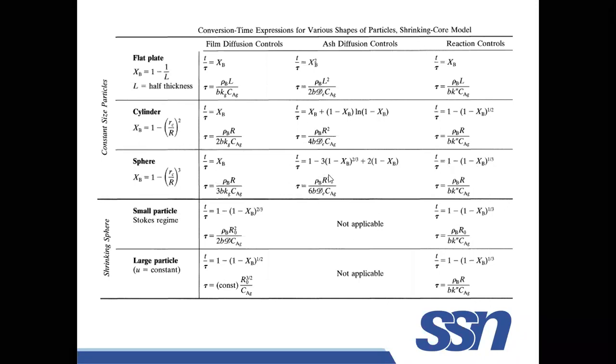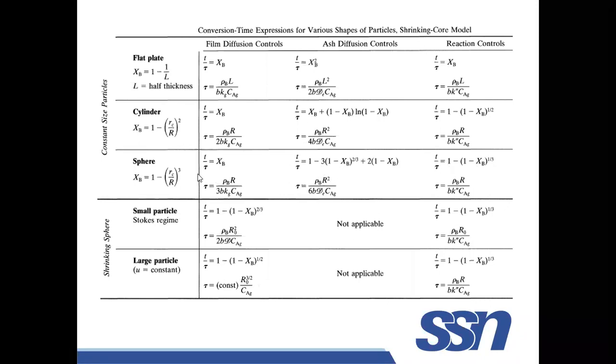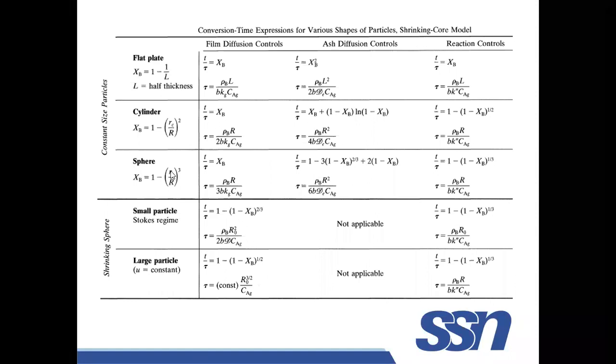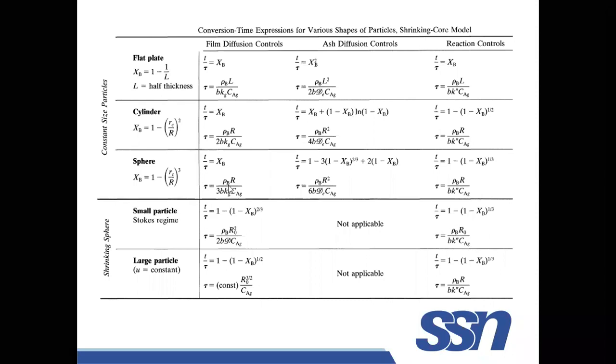Then when you put XB as a function of rc by R, for a complete conversion you can put rc as 0. When rc becomes 0, then what will happen? The entire expression comes to tau is this particular thing, right? For film diffusion, tau is rho B R divided by 3 b kg CAg.